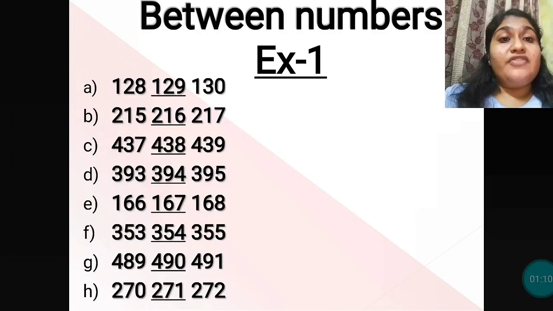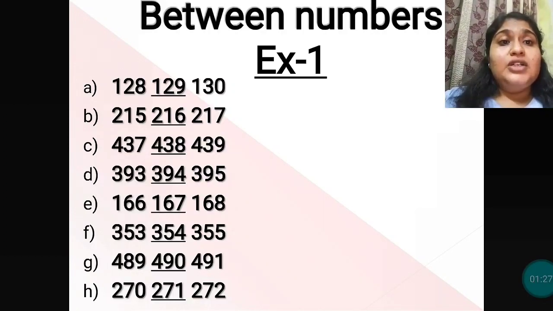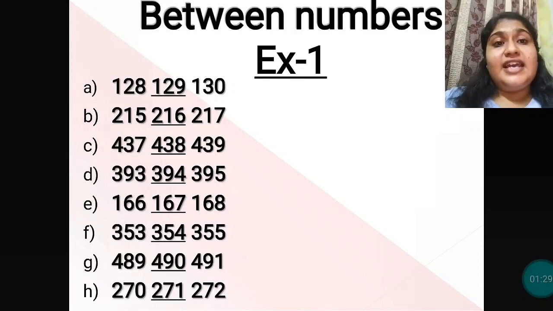So 215 के बाद क्या आता है? 216 and then 217. So students, 216 between number है किसका? 215 and 217 का. So students, as you can see, 216 is greater than 215 and smaller than 217.